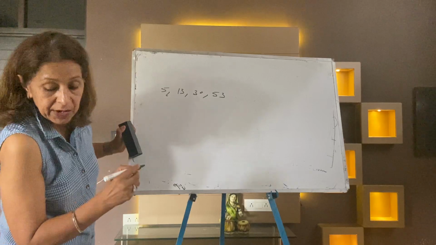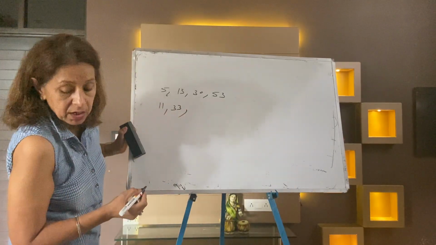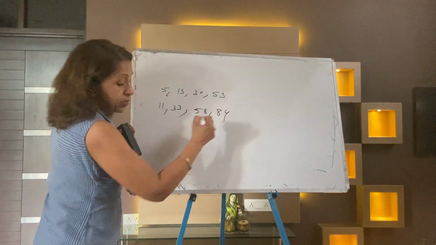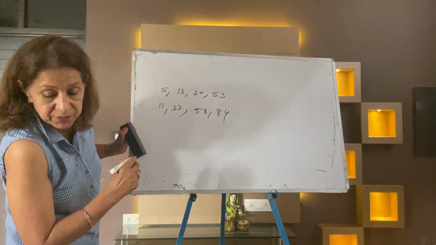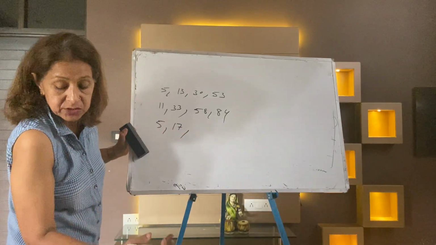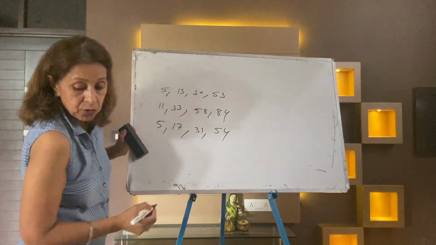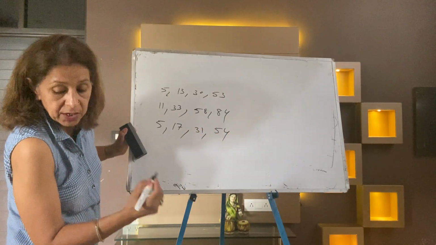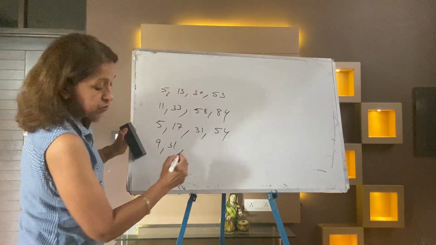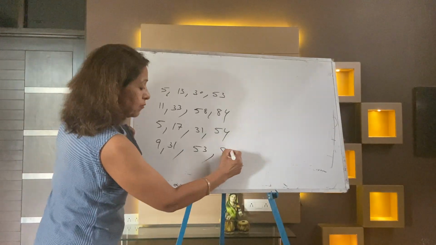Second set is 11, 33, 58, 84. Third set is 5, 17, 31, 54. And fourth set is 9, 31, 53, and 83.